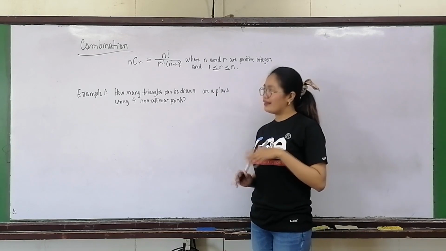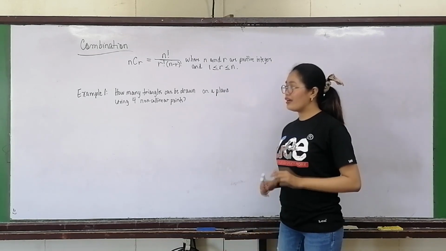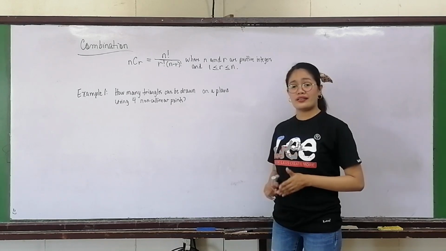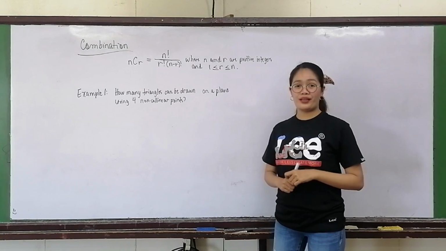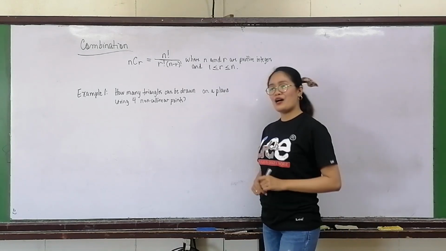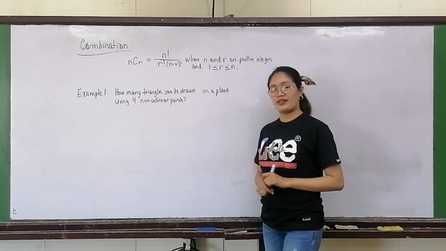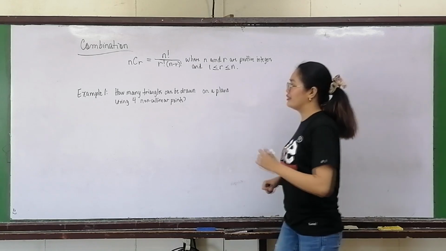But since the order does not matter, this tells us that drawing triangles from 4 non-collinear points is a combination. But the question is, how many triangles can be formed with these 4 non-collinear points? Let us answer that problem.